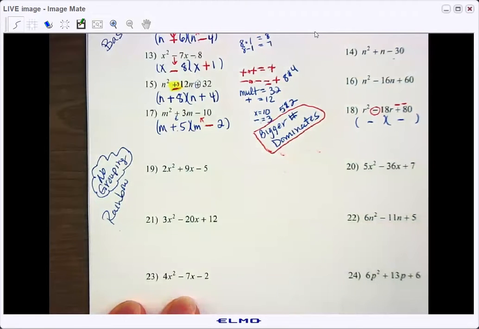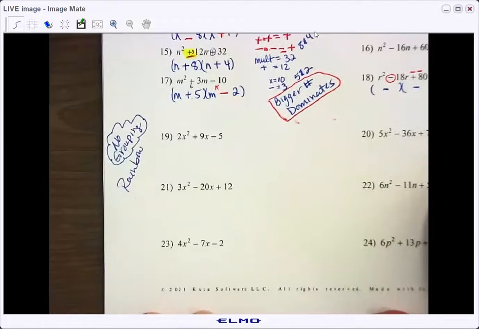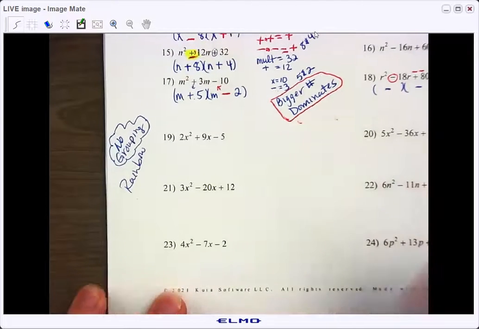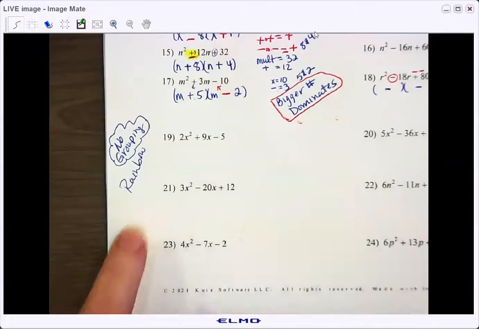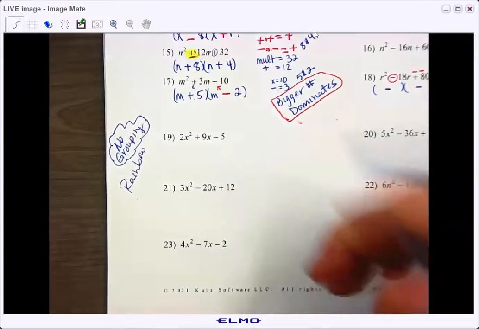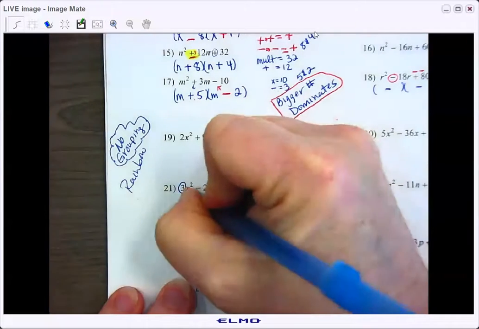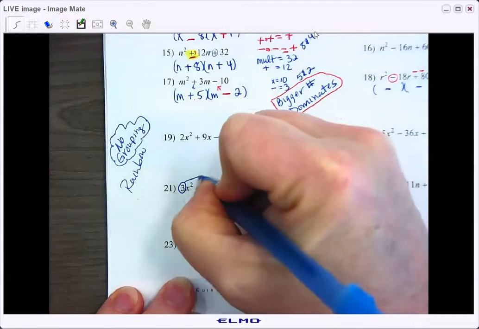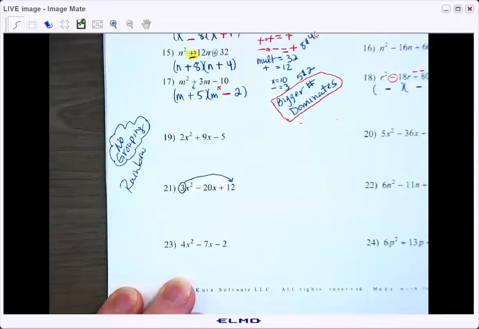Okay. So let's do probably one or two rainbow problems. There's three right here. Okay. So what we're doing is we're working on, and I'm gonna do number 21 first. Okay. This is the rainbow where we take the front number and multiply it by the last number.